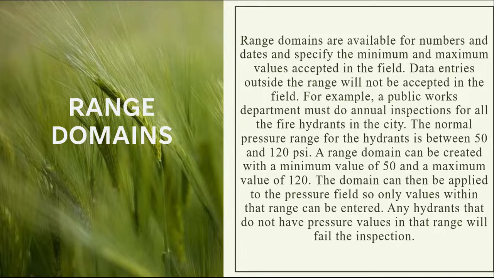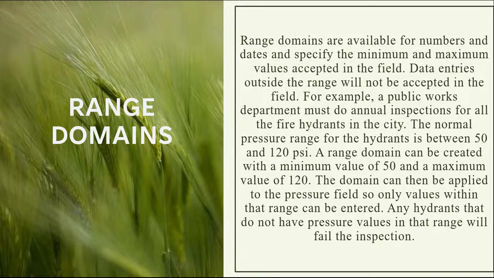For example, a public works department must do annual inspection for all the fire hydrants in the city. The normal pressure range for the hydrant is between 50 and 120 PSI. A range domain can be created with a minimum value of 50 and a maximum value of 120.